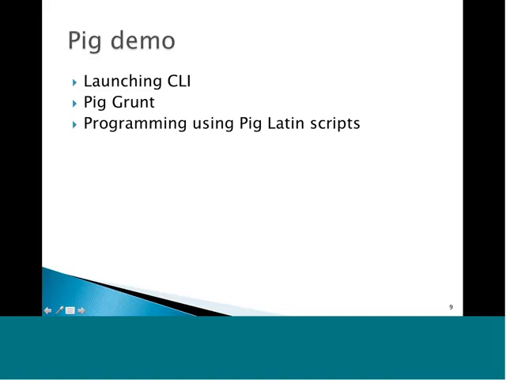So now we'll be looking into the Pig demo. We'll be launching the command line interface, which is the Pig Grunt, and then we will program a sample Pig script, which is called a Pig Latin script, and we will validate whether it is working as expected or not.